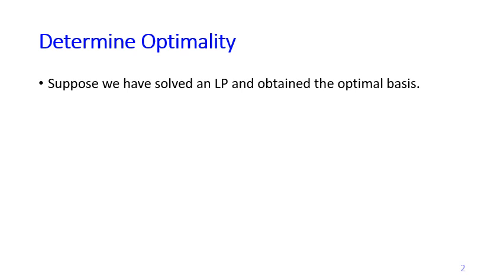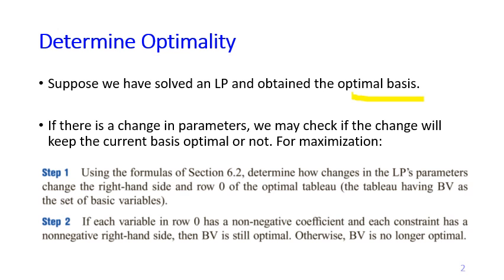So you get the optimal solution first, and then you know the optimal basis, so you know which variables are the basic variables in the optimal solution. And then you start analyzing if there's a change in the parameters. Check if that change will keep the current basis optimal or not.